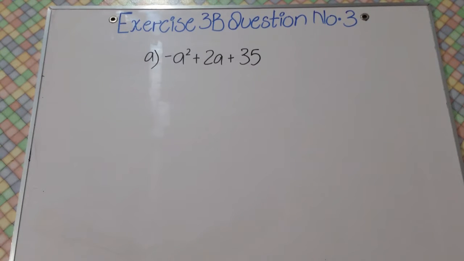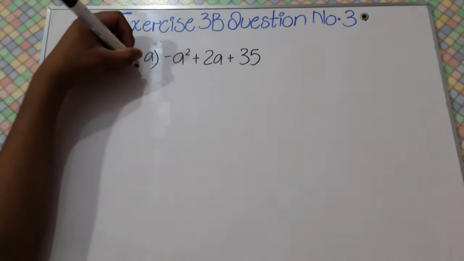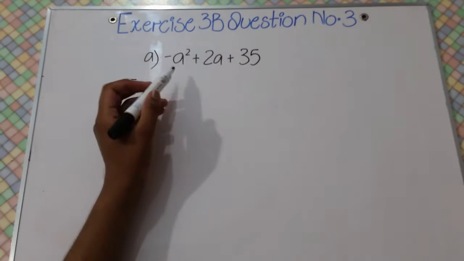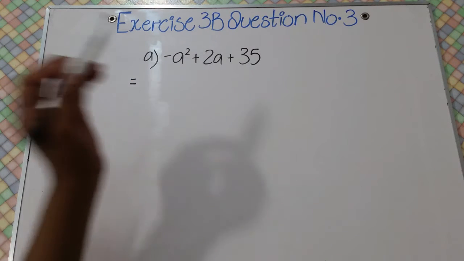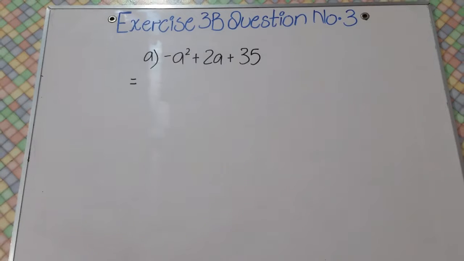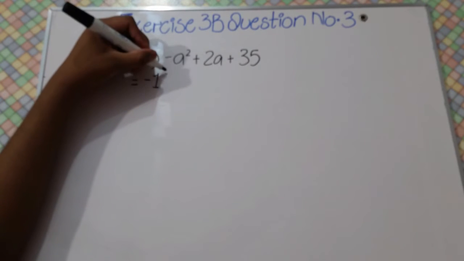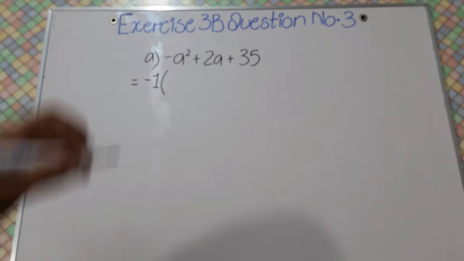So over here I have only written part A because I'm going to solve it in a bit different way, so it might be long also. First of all, I'm going to take 1 as the common. As you can see over here, it is A, so it is considered as 1 also. So I'm going to take 1 as the common, means negative 1, and write the rest of the expression like this.